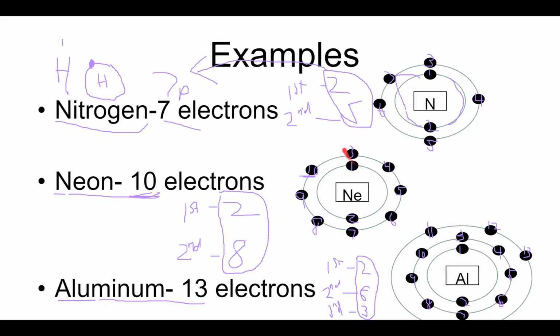And again, we will only start putting electrons on a higher shell when the lower shell fills up, right? So with Neon, for example, he has 10 electrons. We would never put 2 on the first shell and then like 4 on the second shell and then 4 on the 3rd shell, right? That is not correct.